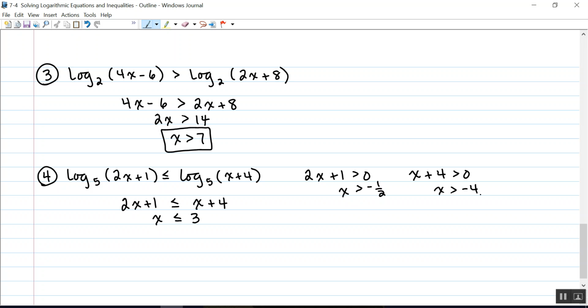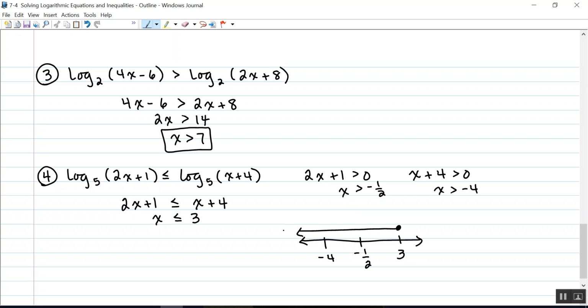So I have to make sense of all of these inequalities here. For me, the best way to do it is to look at it on a number line. So here's negative 4, negative 1/2, and 3. So x has to be less than 3. So that has to be a part of my answer.